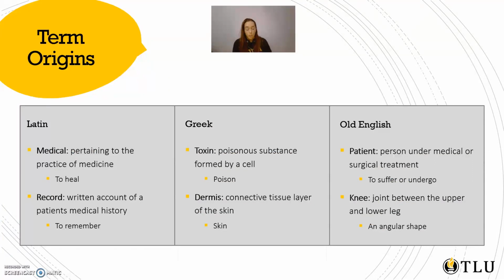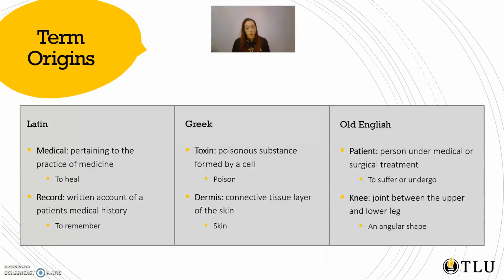Some origins of terms are Latin, Greek, and Old English. Terms that come from these origins can't be broken down into prefixes, roots, or suffixes. They're kind of odd. So here are some examples. There are many more. I just pulled a few. Medical, pertaining to the practice of medicine. The Latin word for this means to heal.